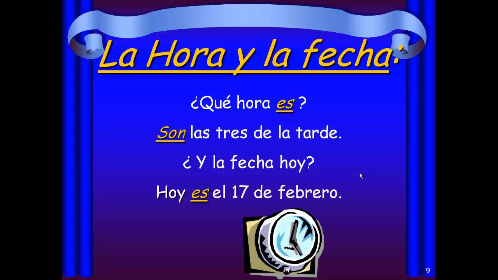Now, I'd like to address the idea of something being permanent versus something being temporary, because a lot of times that was the difference we talked about between these two verbs. So, if time is changing all the time, and if the days are changing all the time, how come we don't use estar? Here I'll try to explain. Can you really change the fact that it's 3 o'clock when it's 3 o'clock?